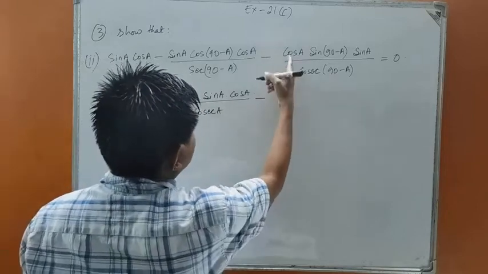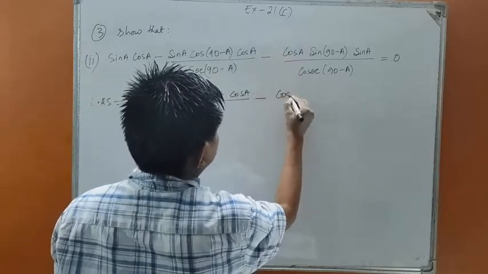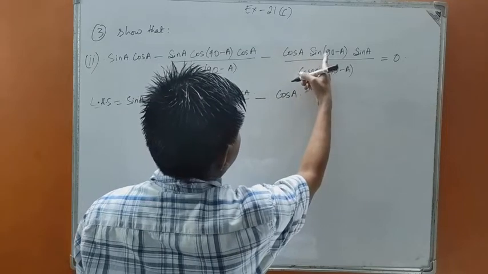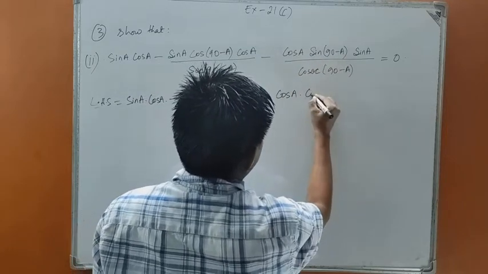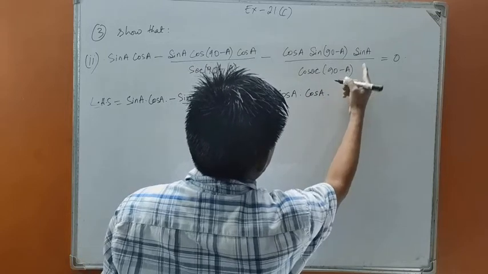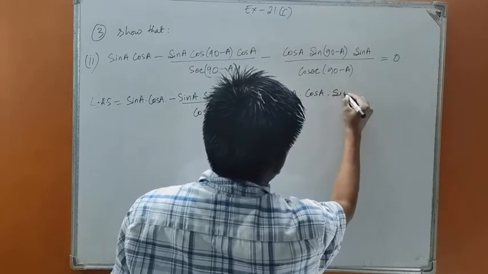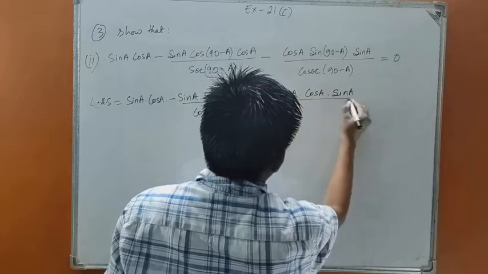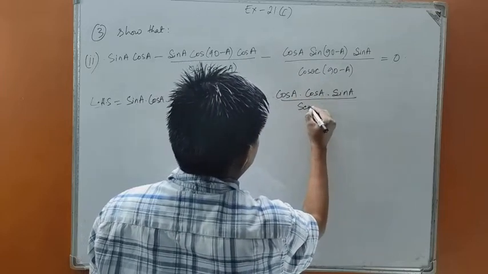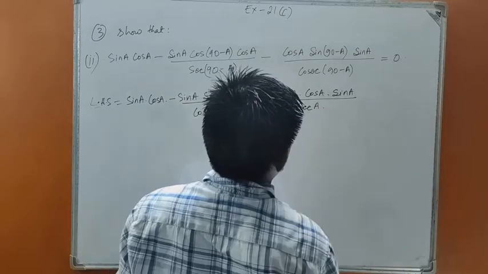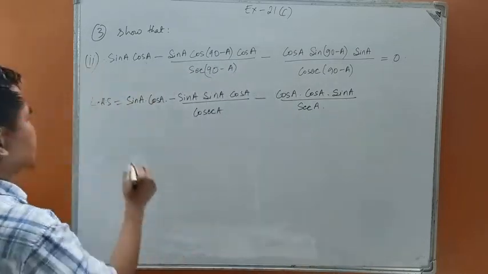So minus this is cos A. Here we have sine 90 minus A, that is cos A. So this is sine A, and in the denominator we have sec A, isn't it? So we are asked to prove this equals 0.